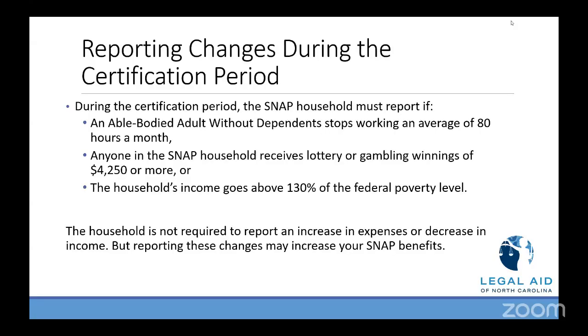The household is not required to report an increase in expenses or a decrease in income, because you only have to report these three things. But reporting an increase in expenses or a decrease in income may increase your SNAP benefits, because those are things that could result in a higher SNAP allotment. So it may be in your best interest to go ahead and report instead of waiting until your next recertification.